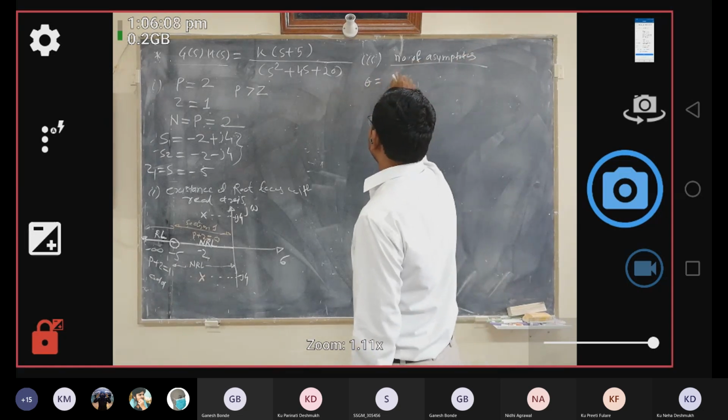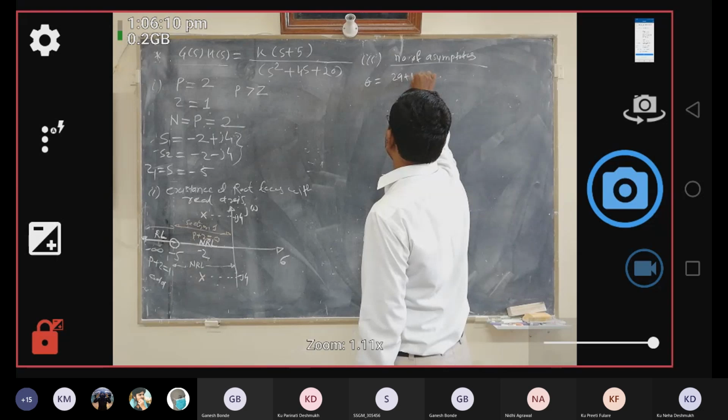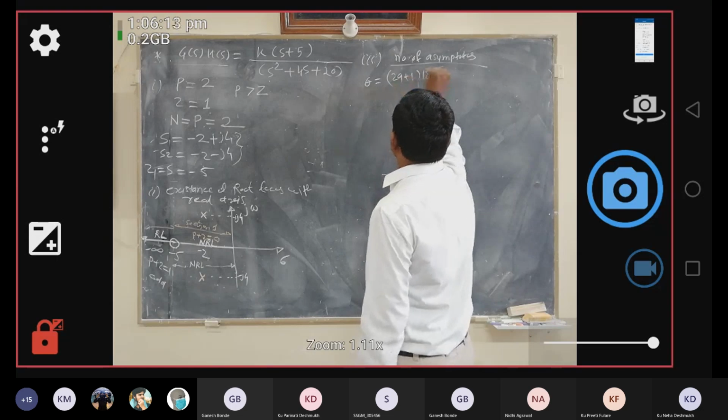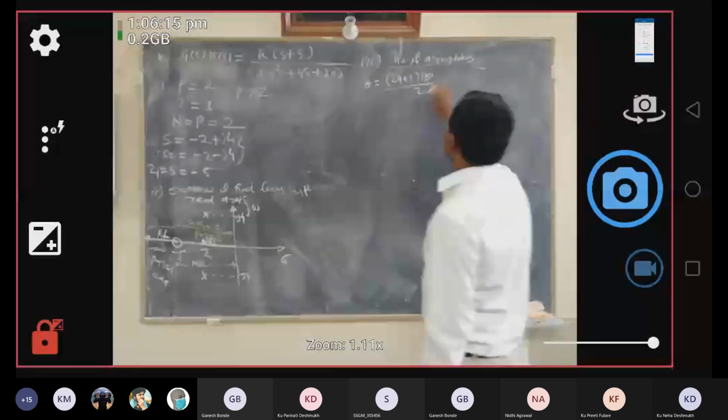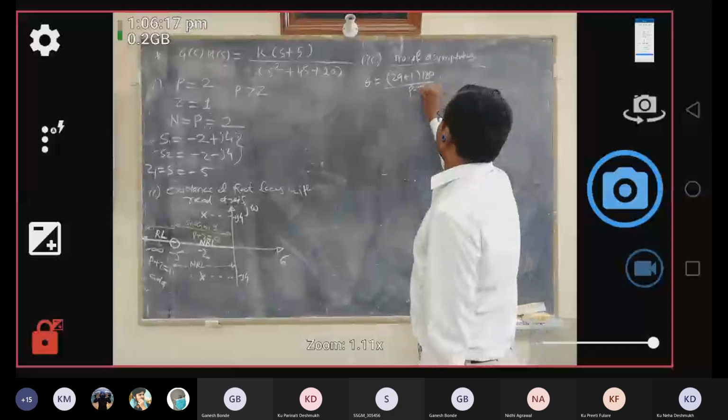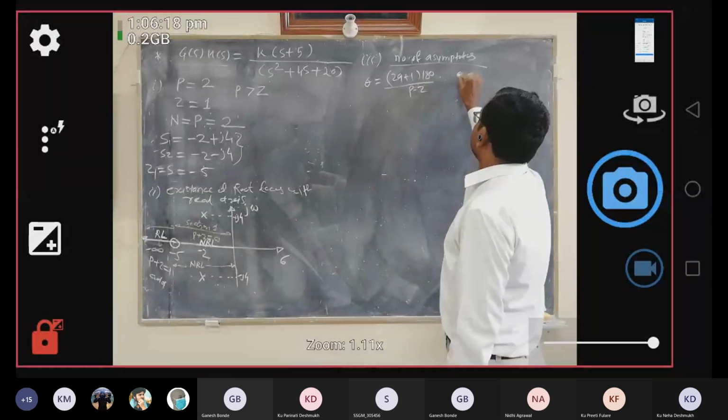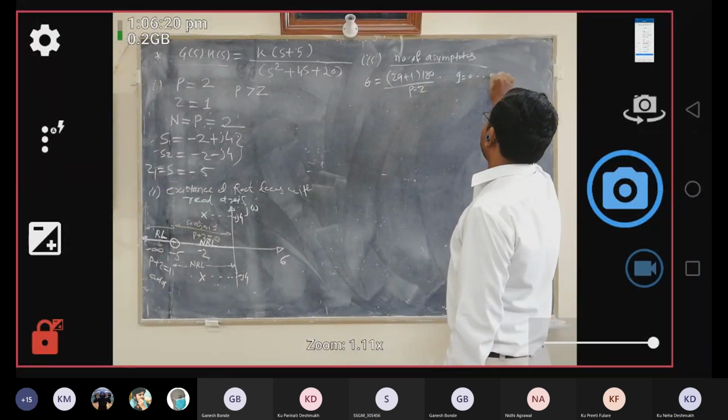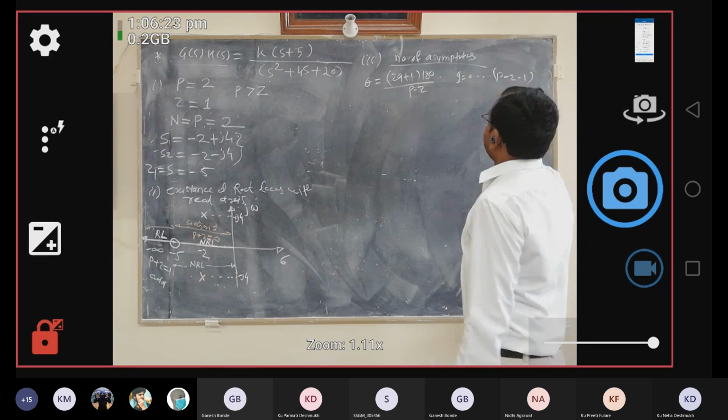Write down the formula. Theta is (2q plus 1) into 180 upon p minus z, where q varies from 0 up to p minus z minus 1.